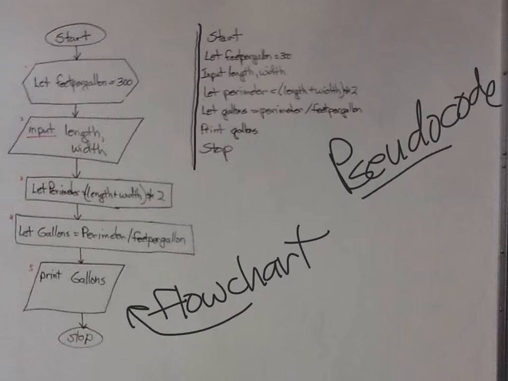This isn't exactly computer code, but we write it in word form so we can look at it more like a list rather than a picture. And it has those same instructions. It's got the start, assign, this is initialization, input, calculation, print, stop. So we have just one sequential program.